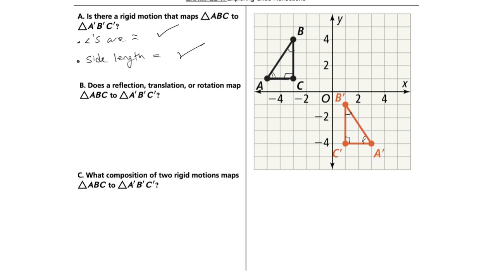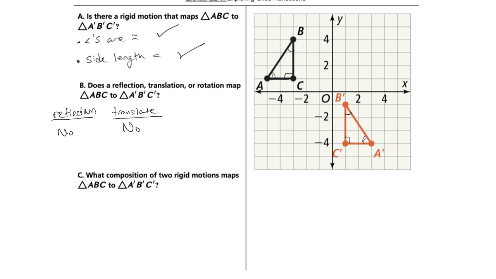Now B says, does a reflection, translation, or rotation map? Well, if we look for a reflection, there's no line of reflection that's going to exactly map ABC to A prime, B prime, C prime. There's no line we can draw that's going to do that. So no. Any way we can translate?